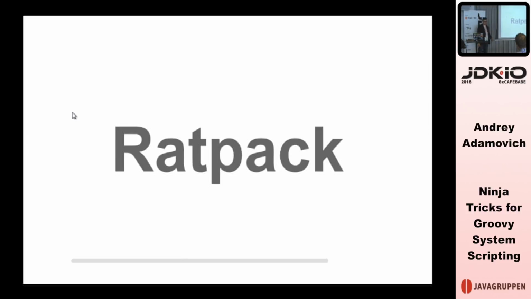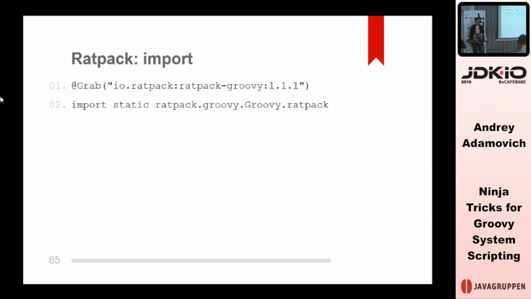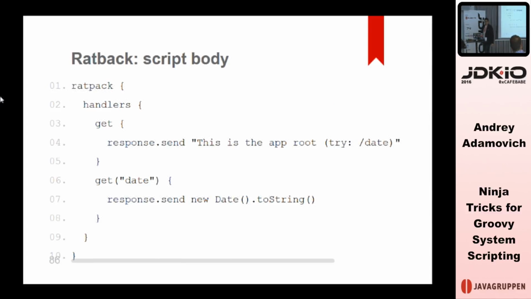For those who haven't been at my Ratpack talk, there's another good tool in the arsenal of Groovy libraries. It's called Ratpack, and you can grab Ratpack in the same way as you grab other libraries. Ratpack is basically a simple web HTTP application tool that you can use for exposing status codes, dashboards, and stuff like that. And the way you do that is you write this kind of code, which forms a handler chain for your web application.